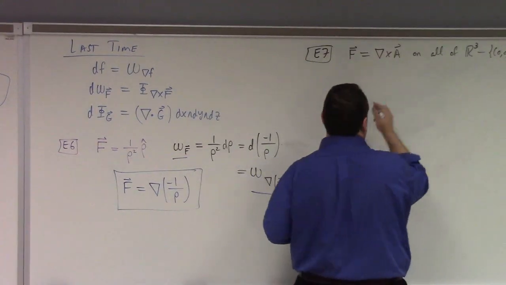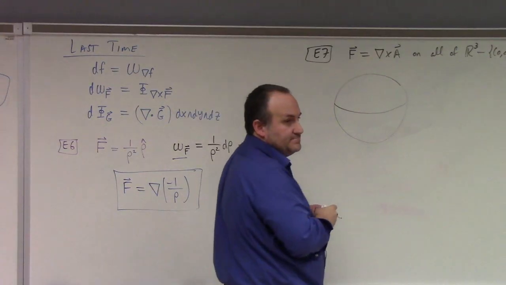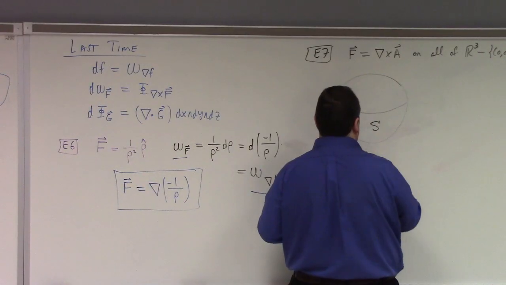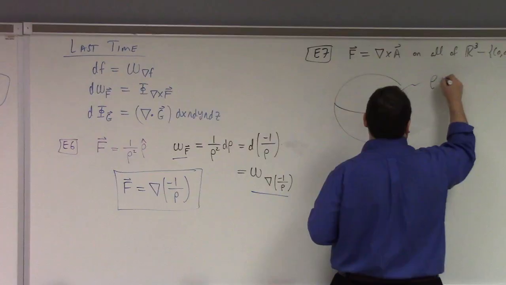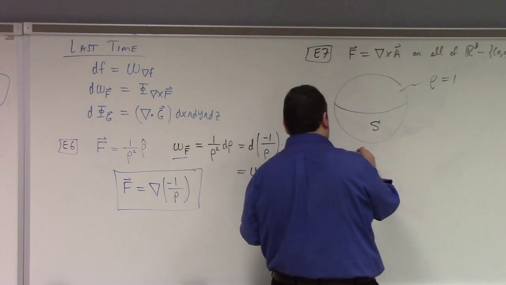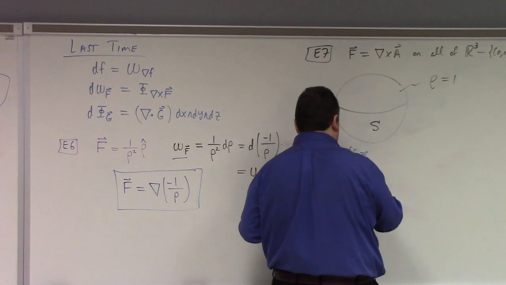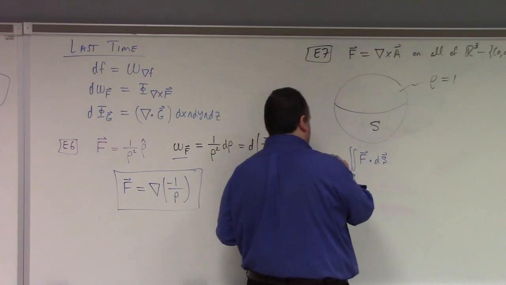Then what you could do is consider, say, the unit sphere. And we have shown this before, that the surface integral over the unit sphere for the Coulomb field is what? It's 4 pi, right?